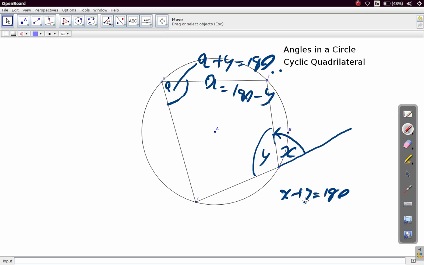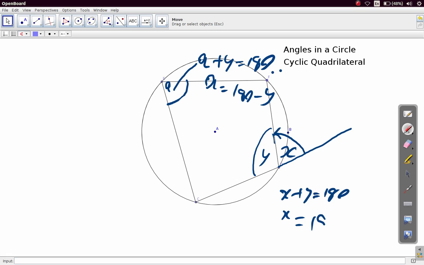Let's look at this now. We said that X plus Y here, this angle X plus this angle Y, would give 180 because all the way around is 180. Now, A plus Y would be 180 because the opposite angles in a cyclic quadrilateral are supplementary, they add to 180. Let's transpose this for X and see what would happen.